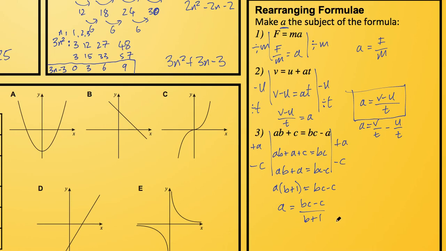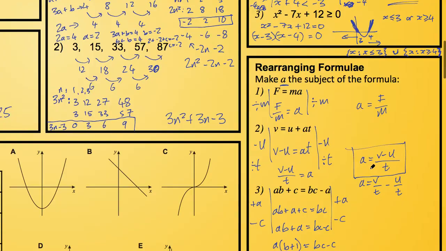And that is it, that's the answer. It could also be written as A equals C(B minus 1) over B plus 1. Either way is fine. Mainly what we've done is just got A on its own, and that had to happen by factorising. So group all the terms involving A, get everything else on the other side, factorise to get 1A, and then divide in order to get the A on its own.